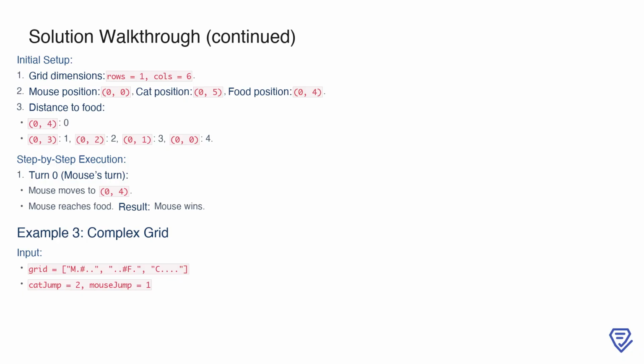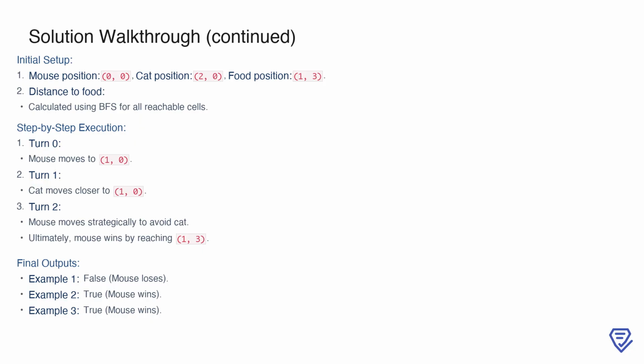In example 3, the grid becomes more complex with obstacles represented by hashtags. The mouse starts at 0, 0, the cat is at 2, 0, and the food is located at 1, 3. Using BFS, we calculate distances to the food for all reachable cells, considering the constraints of the obstacles. On the first turn, the mouse moves to position 1, 0, taking a step closer to the food while staying out of the cat's immediate reach.